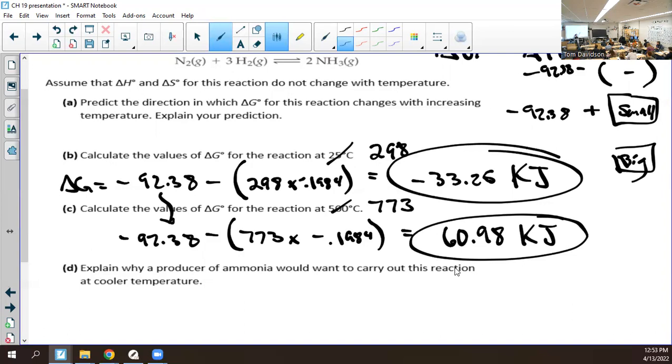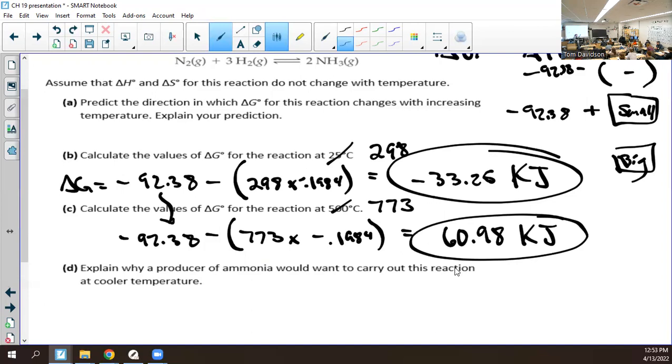Products are favored, that is right. But please make sure you include, like we did this math for some reason, we did that explanation for some reason, they're going to tie to letter D. So make sure your answer includes the fact that at lower temperatures, we had a negative sign, it's spontaneous. At positive or higher temperatures, it was non-spontaneous.